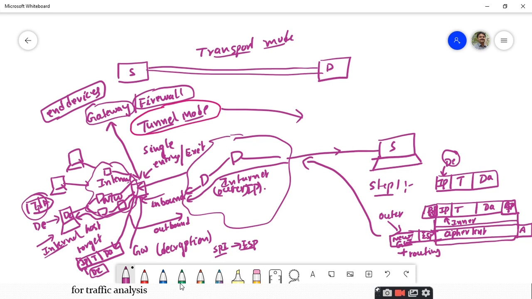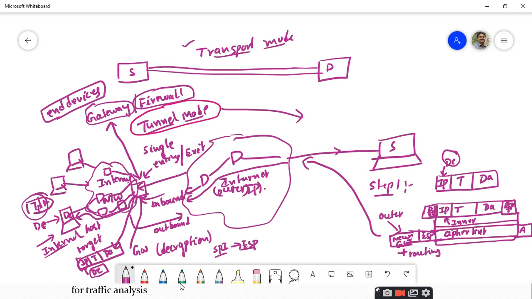Why I have explained all these things is, transport mode will be used only when we have two different hosts that are connected directly or indirectly. But the tunnel mode is more secure than the transport mode, where you have a scenario like this, a single host or a host that is present inside the internal network.